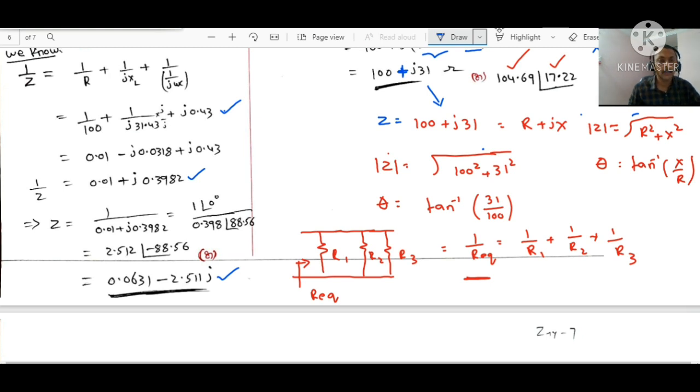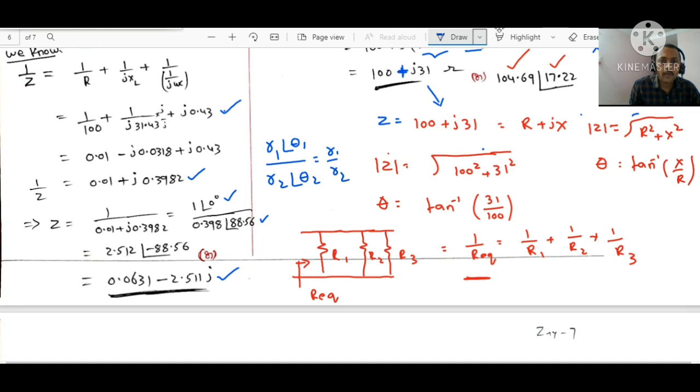For division sake, we have seen the calculations part. 1 is nothing but 1 at an angle 0 only. Nothing wrong. You convert this rectangular form into polar form. Right? Now, the division of two polar numbers, the answer is very simple. If you are having R1 at an angle theta 1 whole divided by R2 at an angle theta 2, what is the answer?